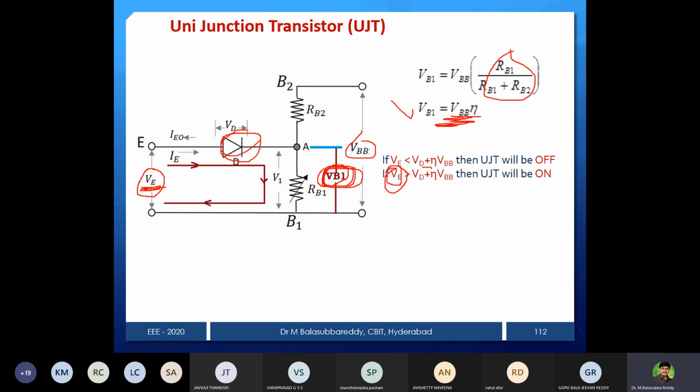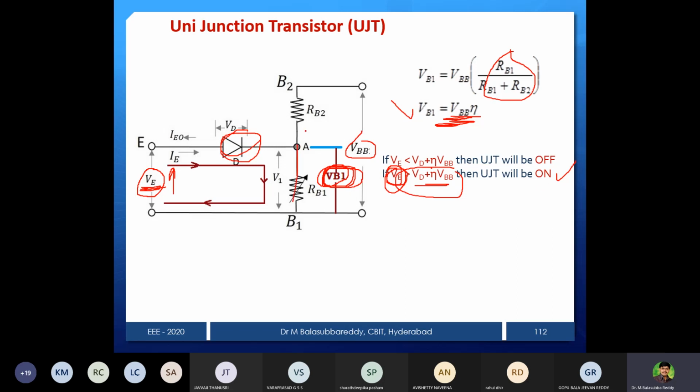That means VE is greater than that voltage. So we need to increase that voltage, it must be greater than this. Automatically that is a sufficient voltage. So normally it is up to eta VBB only, but there is some drop in the junction. We need to consider the drop also. It is only 0.7 volts. So if the applied voltage or emitter voltage is more than this, then automatically the junction will break down.